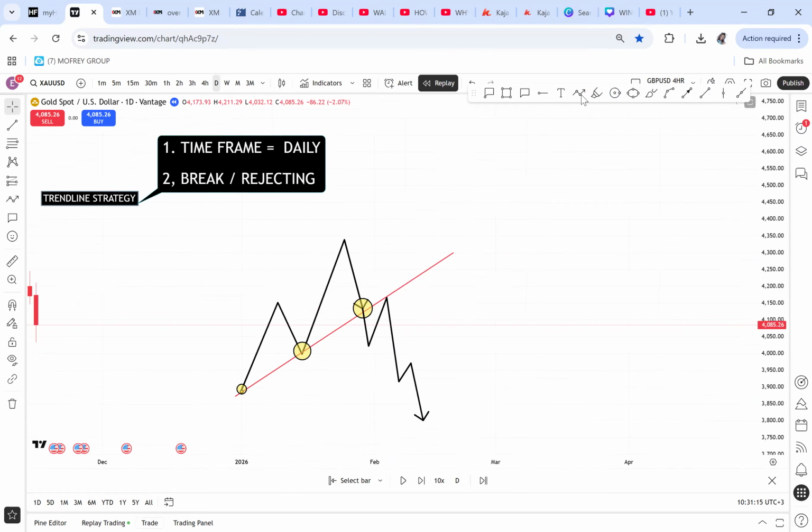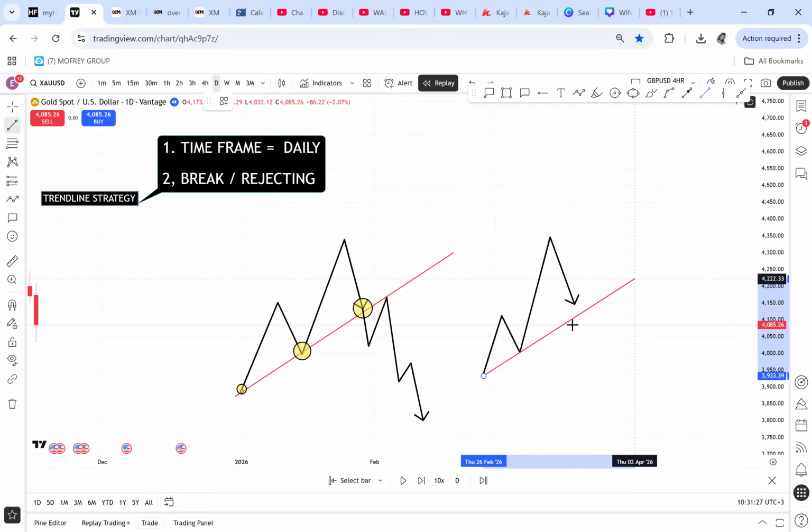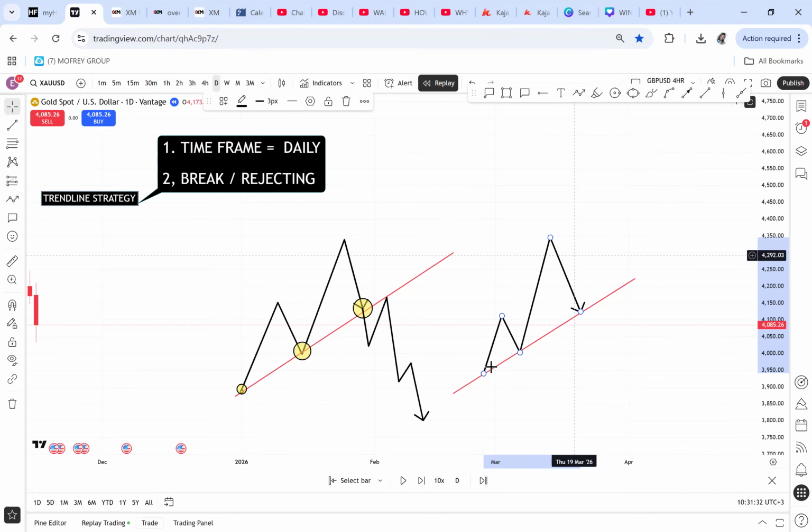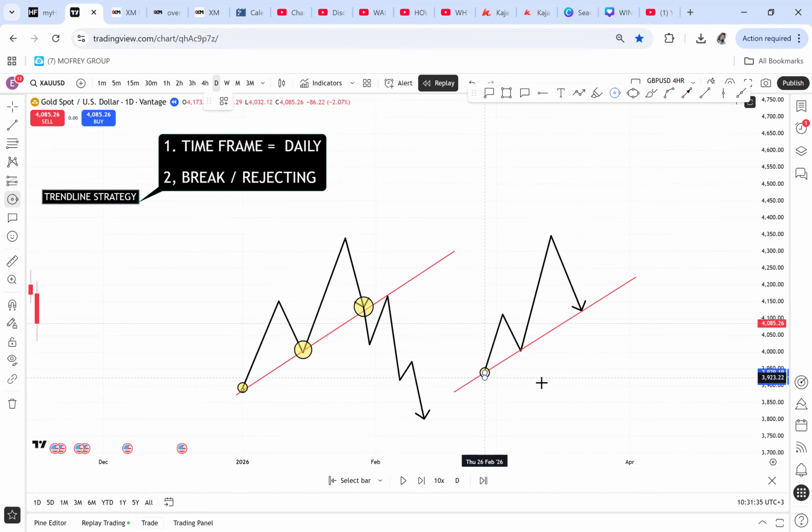A trend line that has been rejected is a market looking like this. So you have 3 touches again. You have a trade, your market looks like that: first touch, second touch. Now the third touch, there can be rejection.